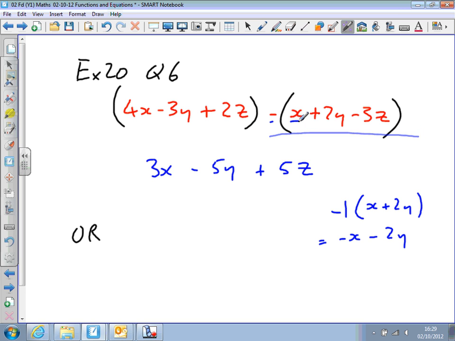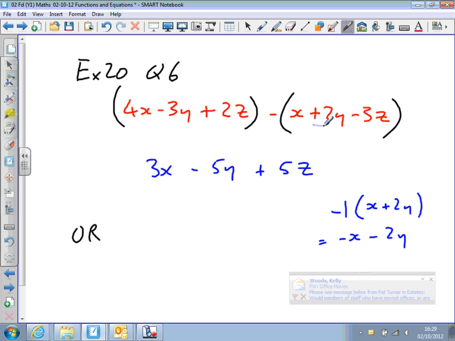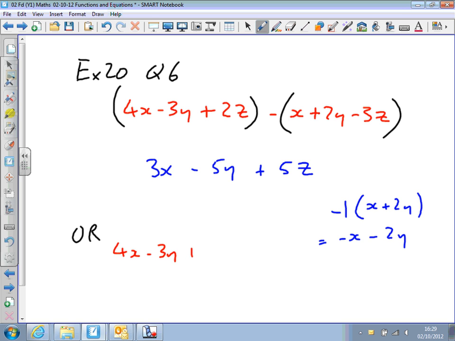Minus 1 times 2y is minus 2y. Minus 1 times minus 3z is plus 3z. So I can rewrite this as 4x minus 3y plus 2z minus x minus 2y plus 3z. And then I can just collect together the x's and the y's and the z. There's two ways of thinking about the same problem.